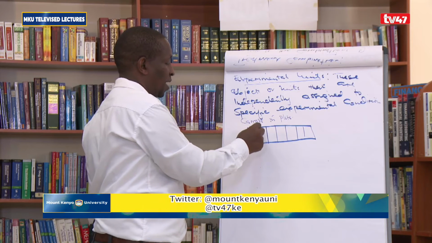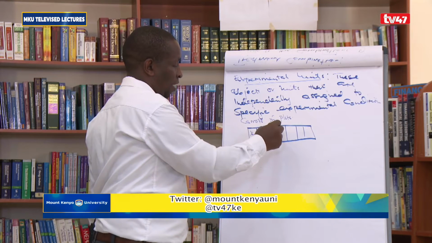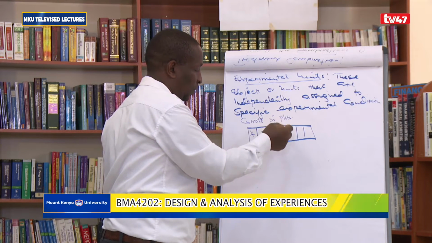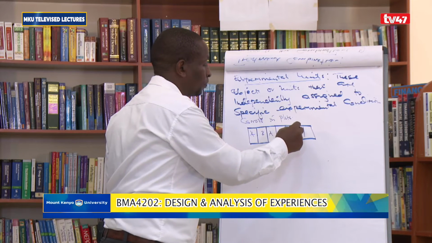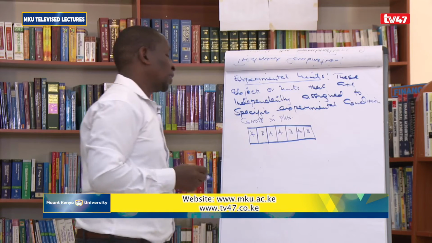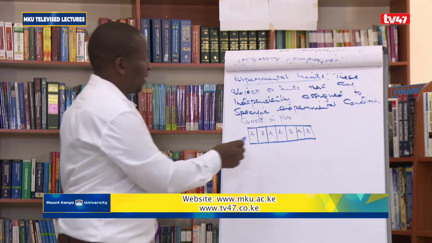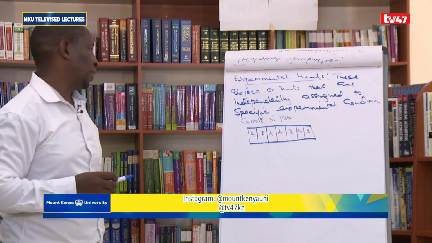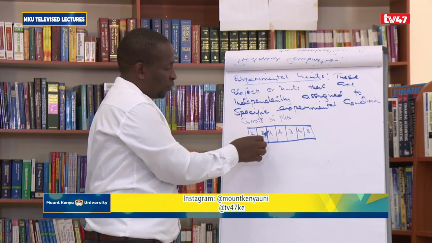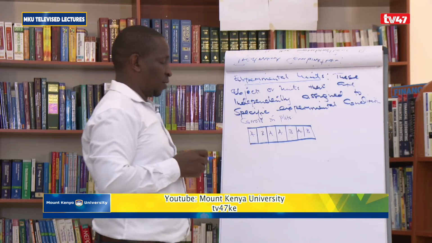Suppose we had 7 plots, 1, 2, 3, 4, 5, 6, 7, and we are experimenting on 2 types of fertilizers on carrot yield.